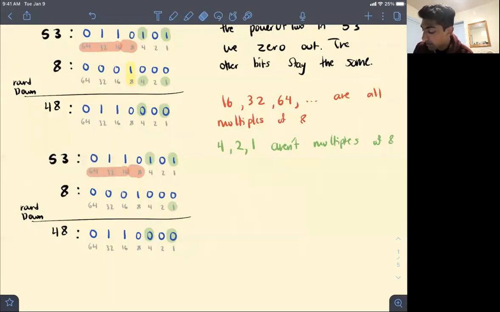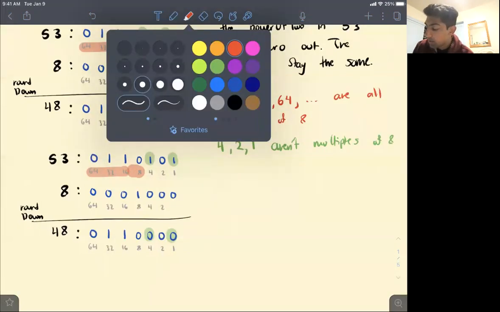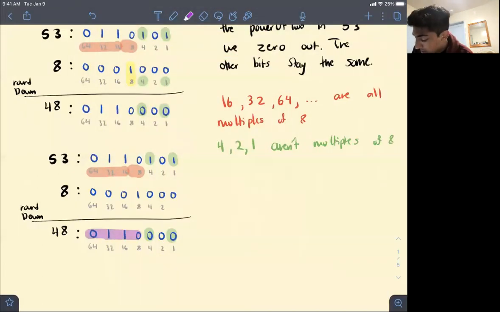what we need to do is create some sort of mask that we can then use to extract the bits of 53 that we want, right? So the intuition here is that we want to keep all of these bits the same, and we want all of the green bits to be zeroed out, right? We want all of these to get zeroed out.